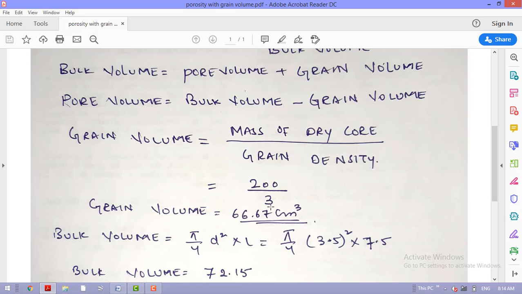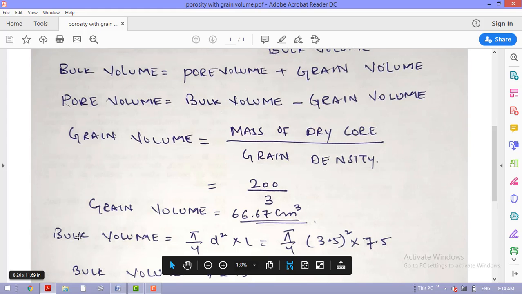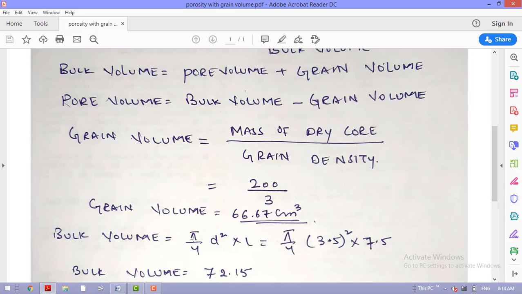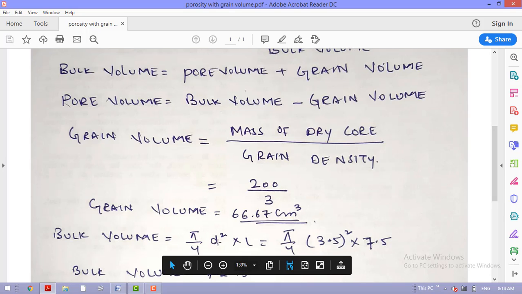In the previous video you have seen that for determining bulk volume we used length, breadth and height. As I said in the previous video, to find the bulk volume we have different methods. Now here I am using the diameter. You can also use the radius, or you can use area into height.